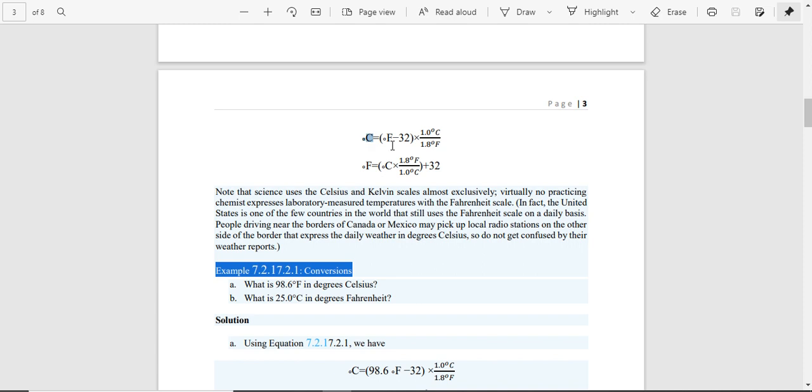Therefore, you will be using that value. So the formula for your Celsius is Fahrenheit minus 32 times 1 divided by 1.8.